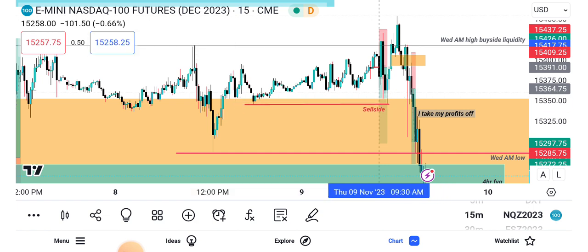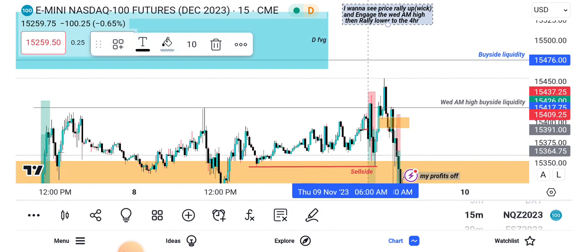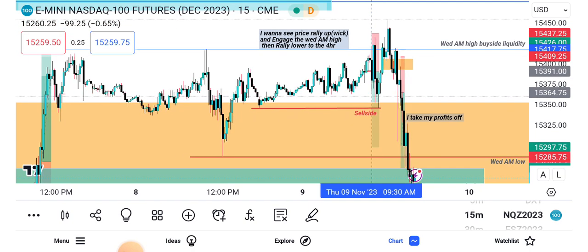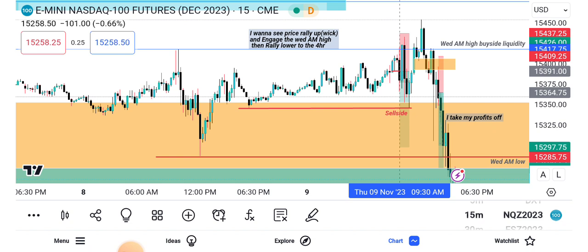I guess you can see some logic. So today what I wanted to see, using these, because I labeled it live, you'll see in that live video, was price retrace higher, clear these, engage this Wednesday AM buy side liquidity, then rally lower.